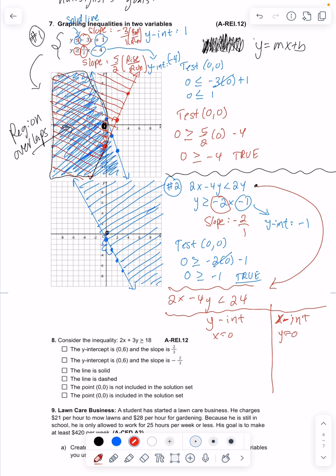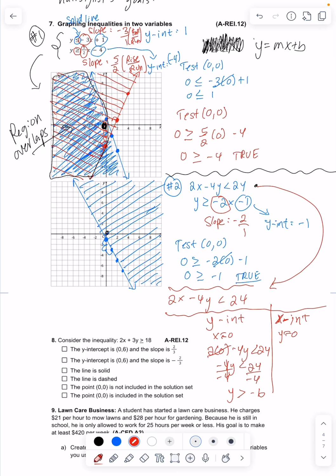So if x is equal to 0, we do 2 times 0 minus 4y is less than 24. We get negative 4y is less than 24. Divide by negative 4 to both sides, and the sign changes. It'll be y is greater than negative 6.